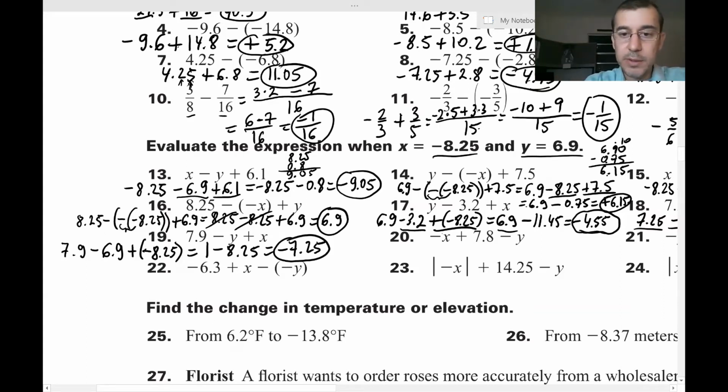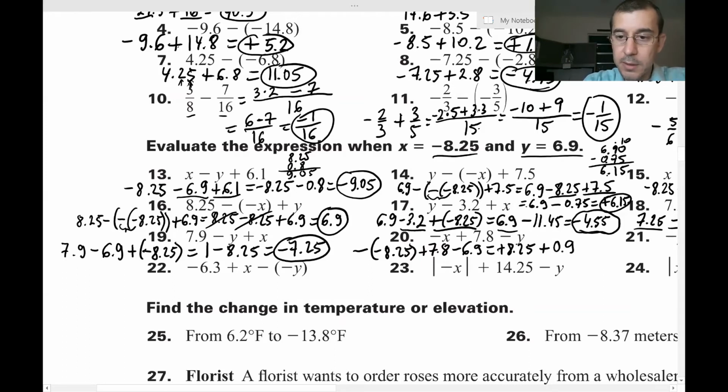Okay, 20. We have minus x, so minus, and then x, what is x? X is minus 8.25 plus 7.8 minus y is 6.9. So minus and minus is plus 8.25. Plus 7.8 minus 6.9 is plus 0.9.